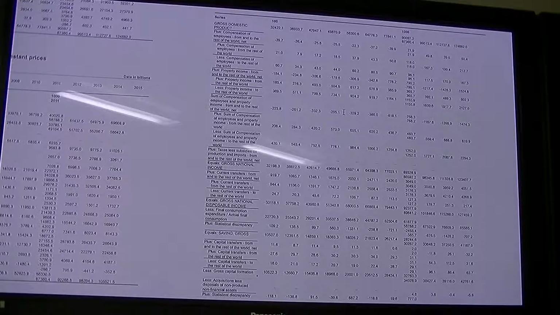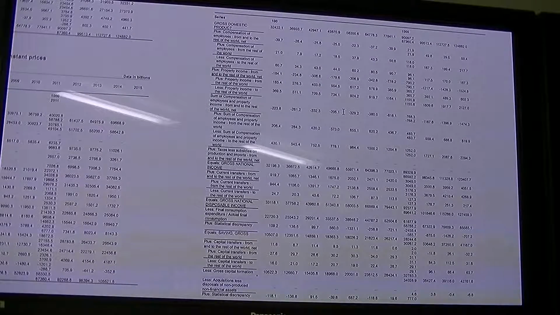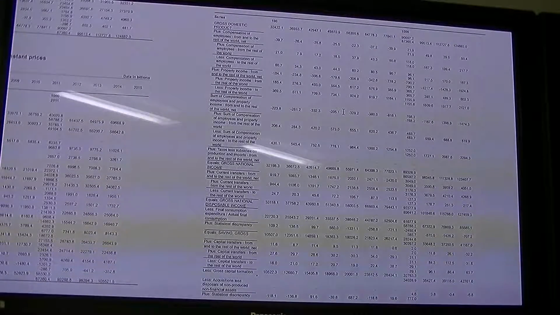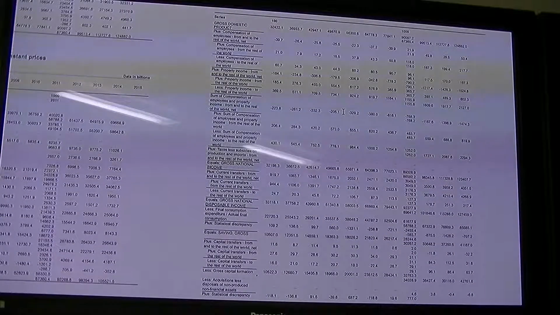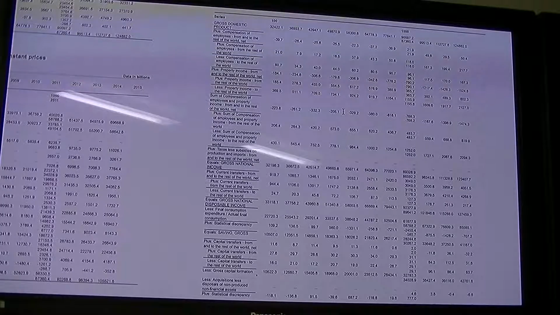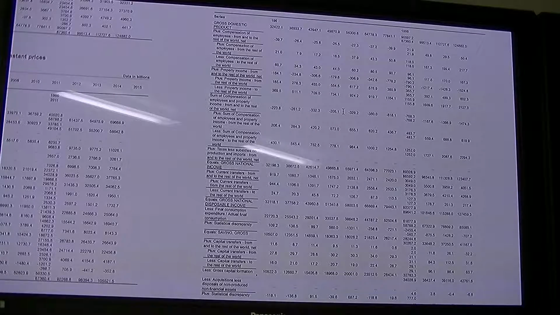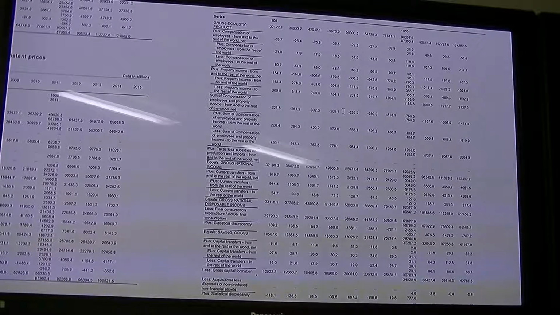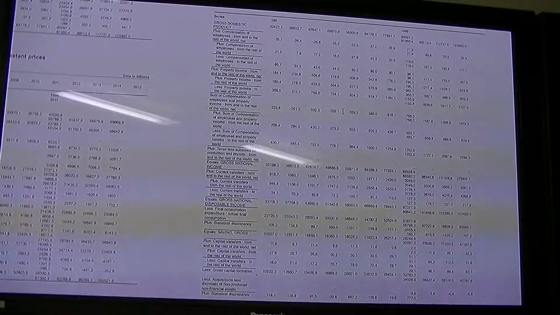If I got up and reported it to you, I couldn't report any trend, because one year it'll be here, the next year it'll be up there, the next year it's down there. And it's not because anything is going up or down, it's because so much of the Indian economy is a cash economy that it's hard to measure. So they don't know what's going on.